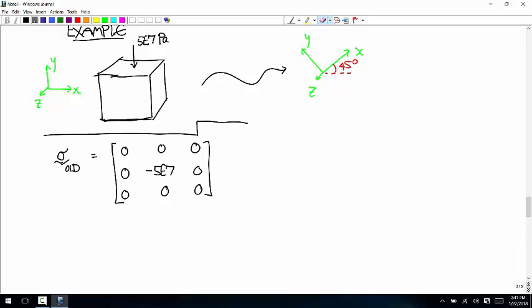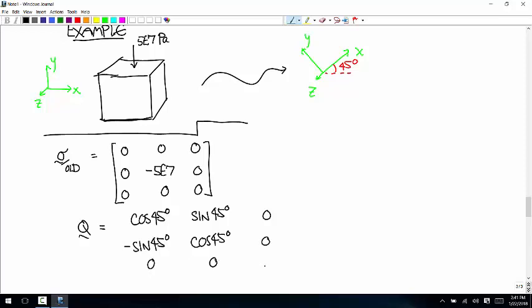Now we have to come up with a rotation matrix to go from this coordinate system to this one. That's a rotation about the z-axis. Is that positive 45 or negative 45? Positive, yep. And so the rotation matrix is cosine of 45, sine of 45, 0, negative sine of 45, cosine of 45, 0, 0, 0, 1.